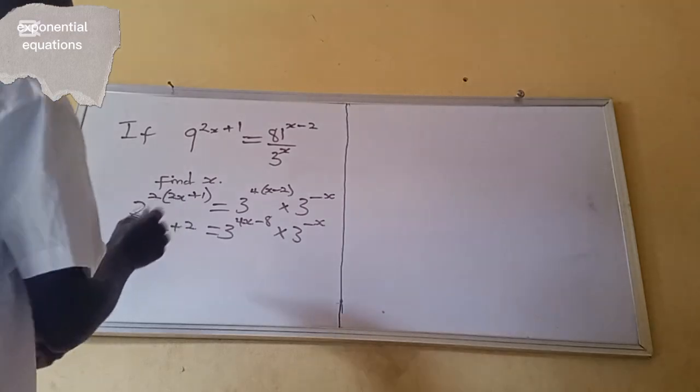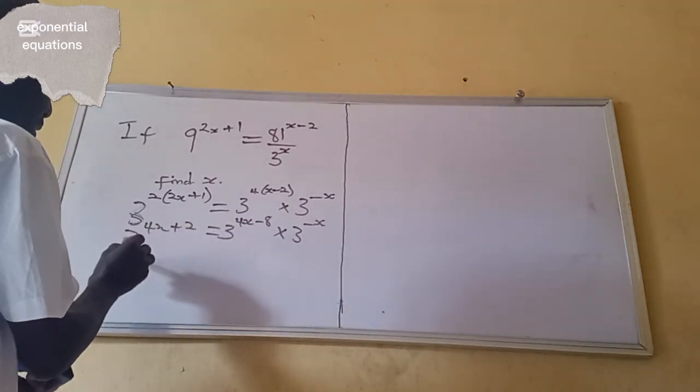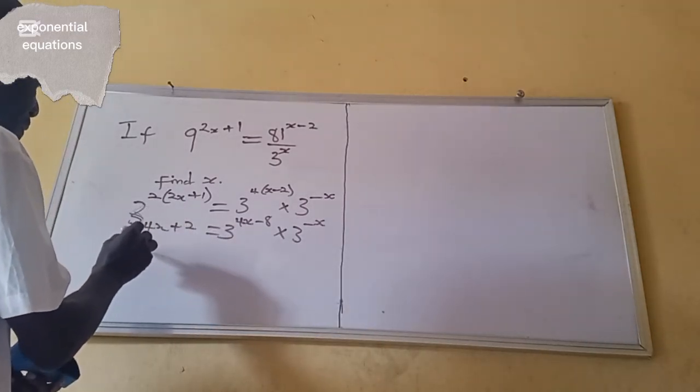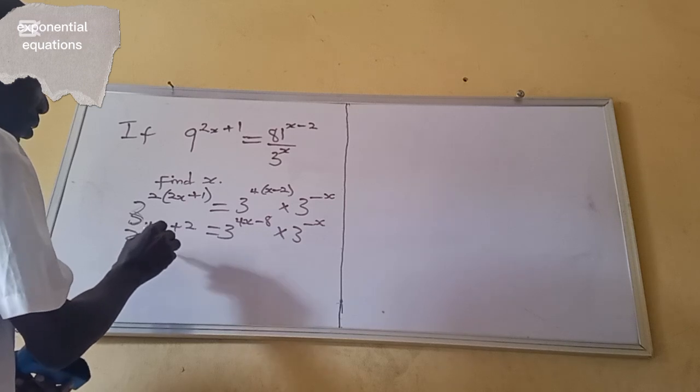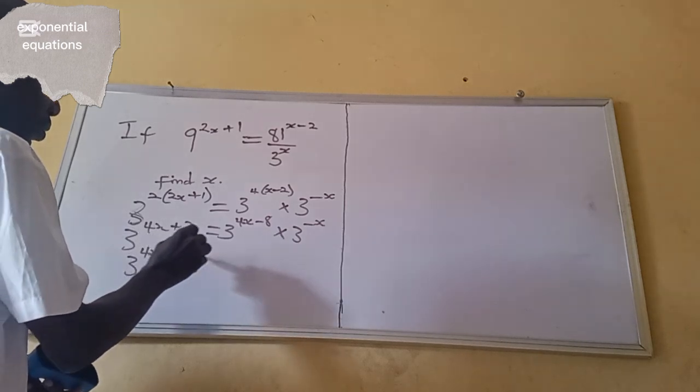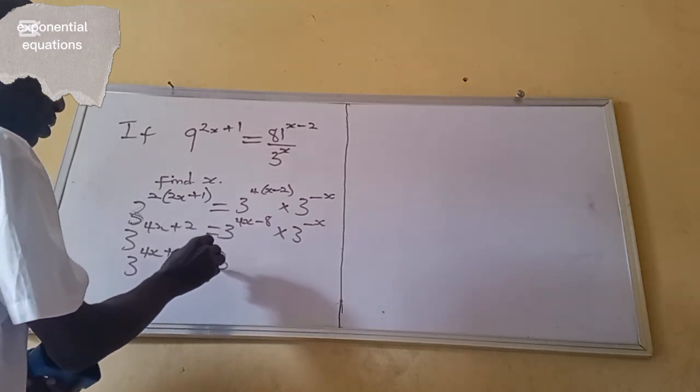So you have 3 raised to the power 4x plus 2 is equal to 3.